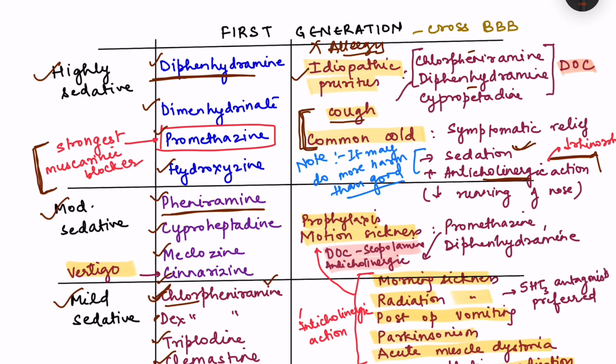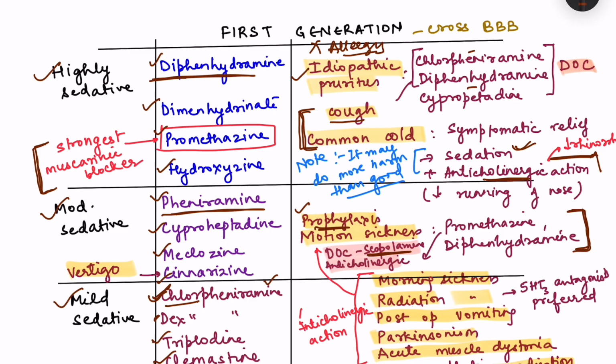Then we have the prophylactic use in motion sickness, and two drugs mainly are used, promethazine and diphenhydramine. In fact, the drug of choice for this is scopolamine, which is anticholinergic, but promethazine can also be given. But you see that this is prophylaxis. Prophylaxis means it has to be given before the journey.